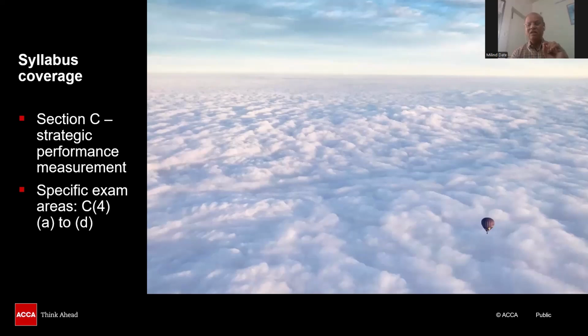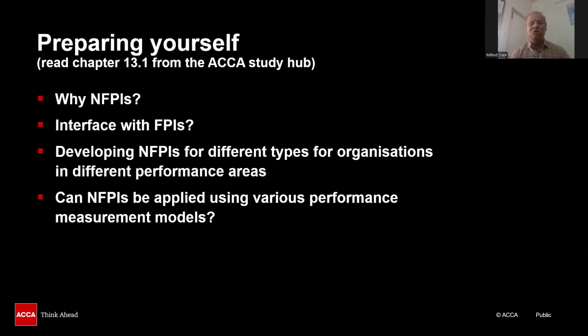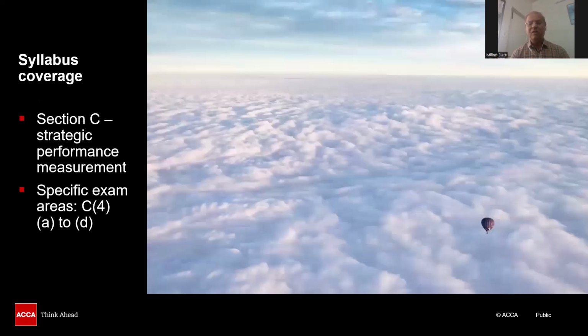All the learning objectives mentioned here are at intellectual level 3, meaning that students will be assessed on their ability to synthesize and evaluate from the given information. The first part talks about how NFPIs are linked with financial performance indicators.